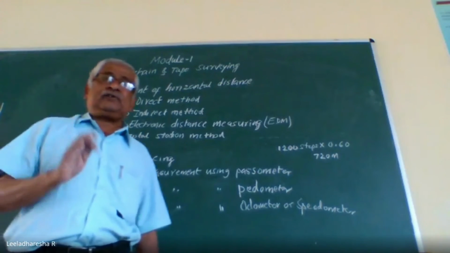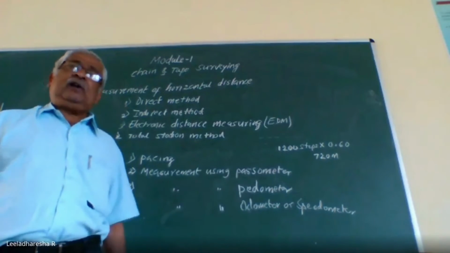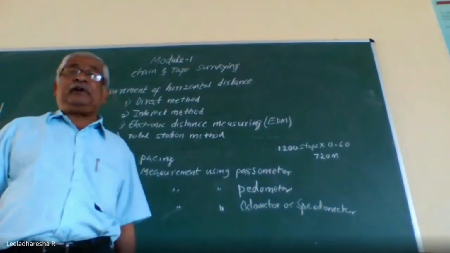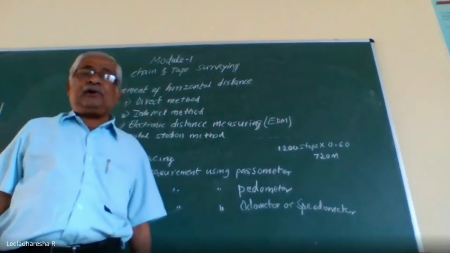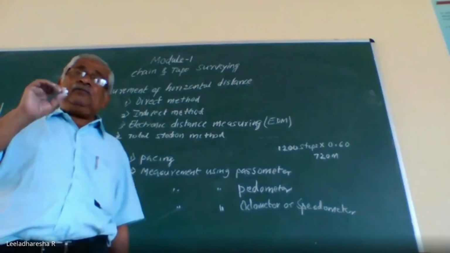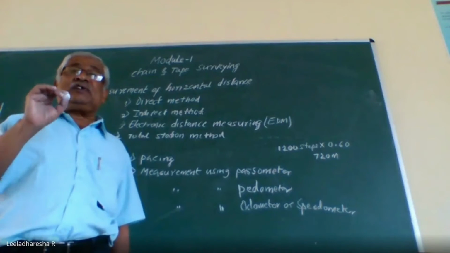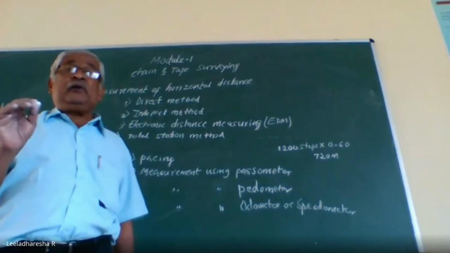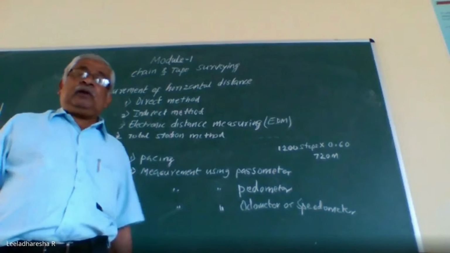See, in our survey we are having tape and various other more sophisticated instruments. So, where can this particular method be adopted? See, this particular method is adopted to fix the scale for your map preparation. Say, I am having a village.